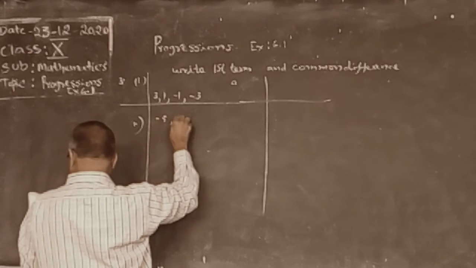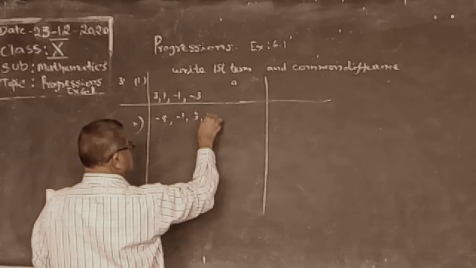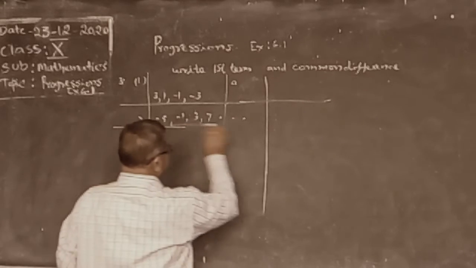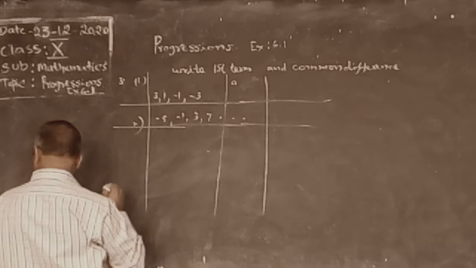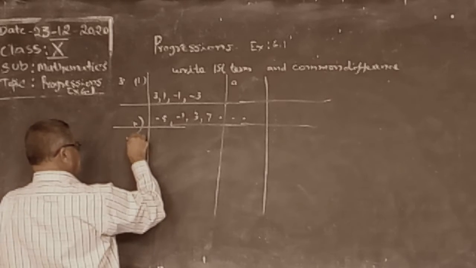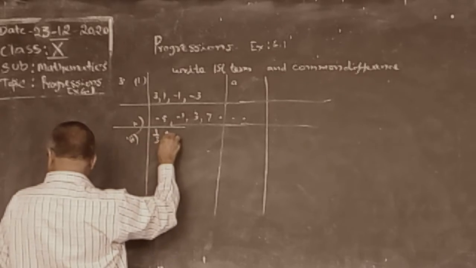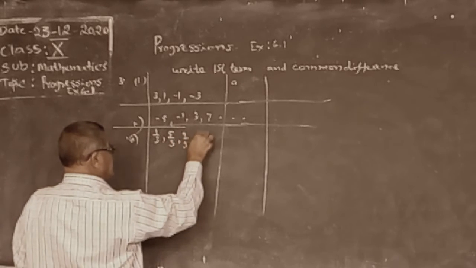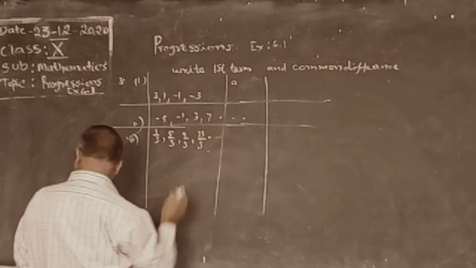Minus 5, minus 1, 3, 7, 10. Third: 1 by 3, 5 by 3, 9 by 3, 13 by 3, and so on.